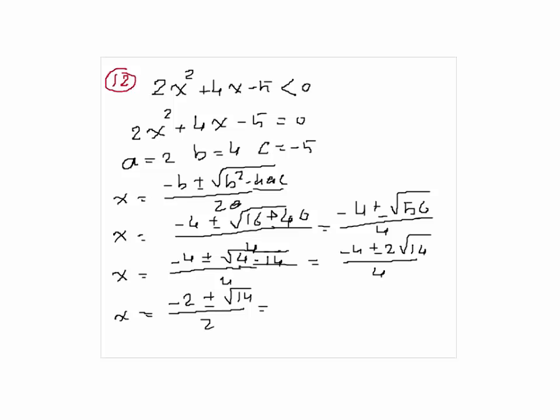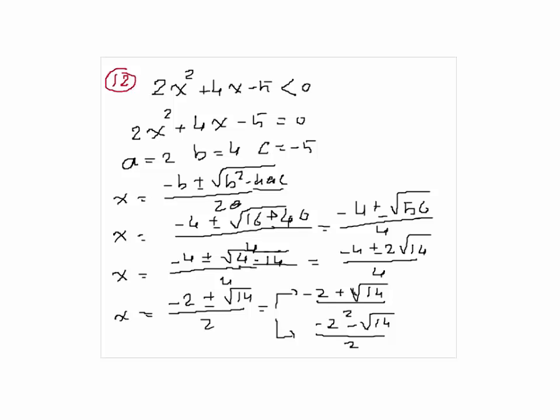So the result is two numbers. The first one is negative 2 plus the square root of 14, over 2. And the second one is negative 2 minus the square root of 14, over 2. These are the solutions of that quadratic equation.